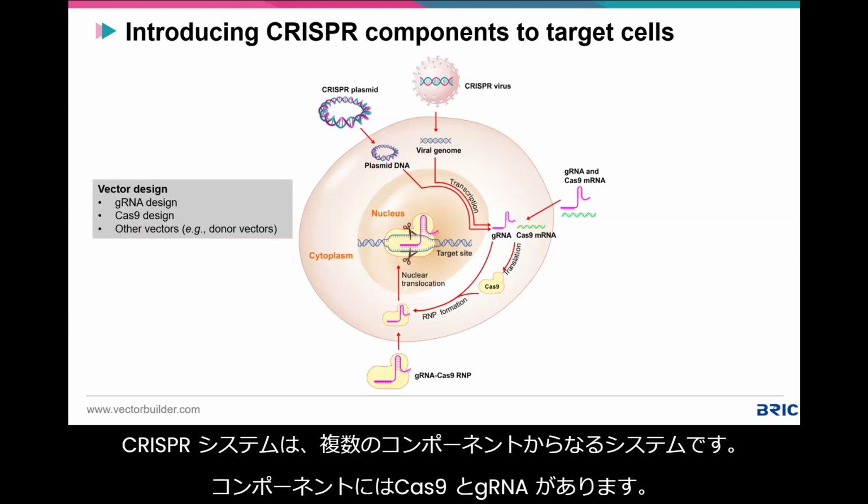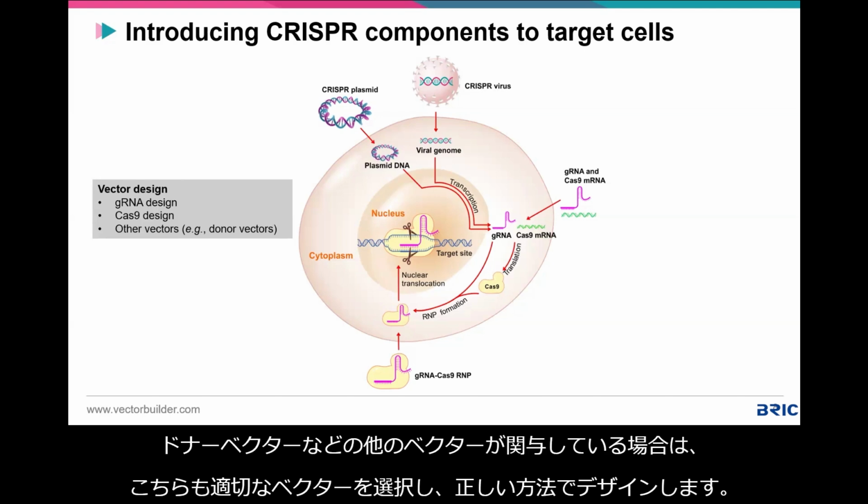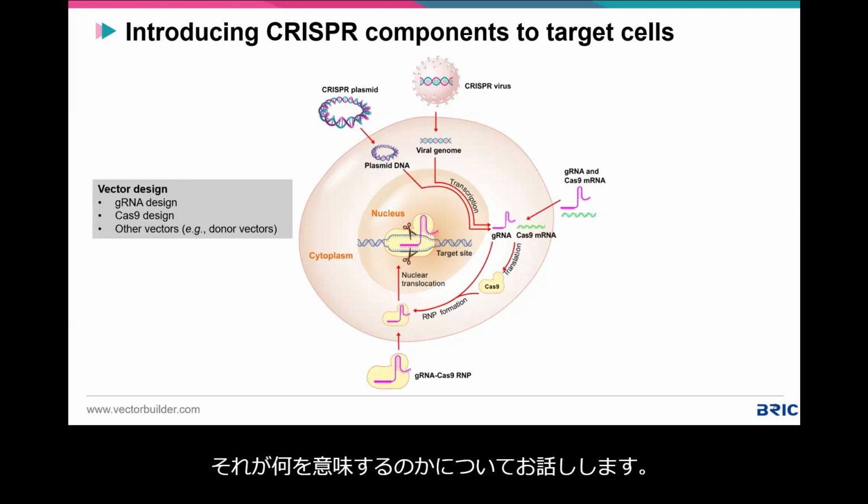The CRISPR system is a multi-component system, like we talked about. There is the Cas9 and there is the guide RNA. And the very first step in designing a successful CRISPR experiment is designing the vector. So getting the right guide RNA, getting the right Cas9, and if there are other vectors involved, like donor vectors, choosing the right ones and designing them correctly. What that means, I'll talk to you about in just a second.